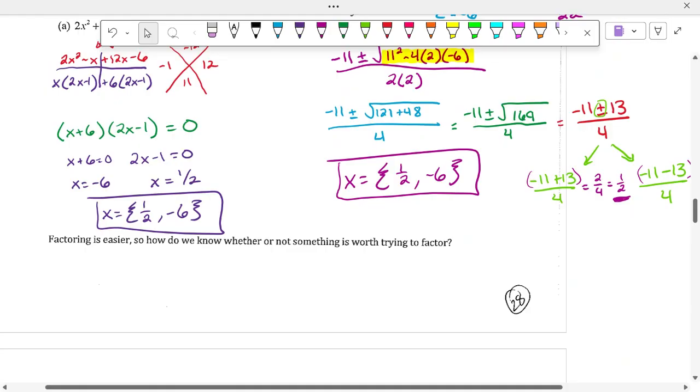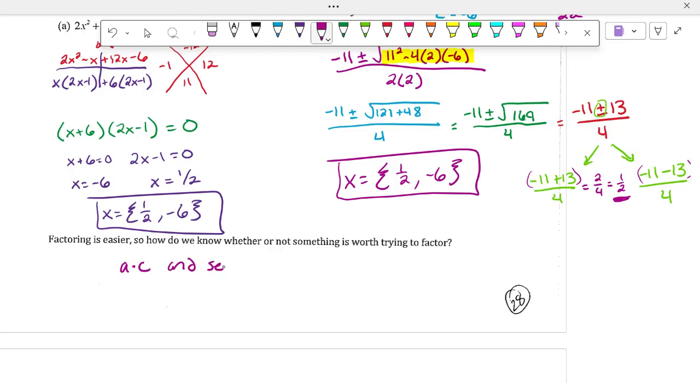So do A times C and see if it is possible to find factors to add to B. Because a lot of times, when you multiply A times C, depending on what the B value is, you can just eyeball it and say, yeah, there's no way.